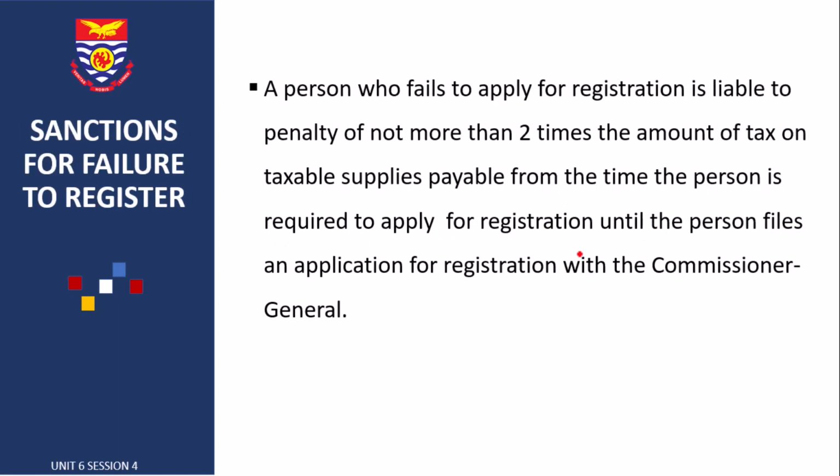Let us look at the sanction for failure to register for VAT. A person who fails to apply for registration is liable to a penalty of not more than 2 times the amount of tax on taxable supplies payable from the time the person is required to apply for registration until the person files an application for registration with the Commissioner General.